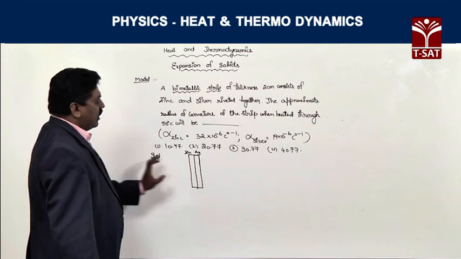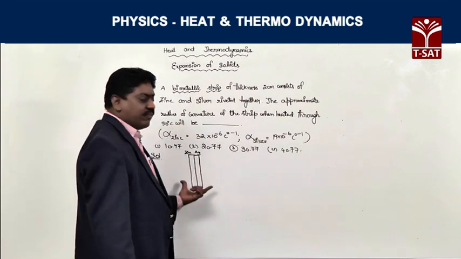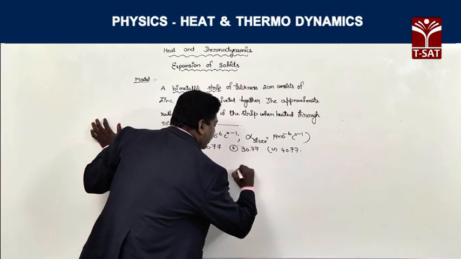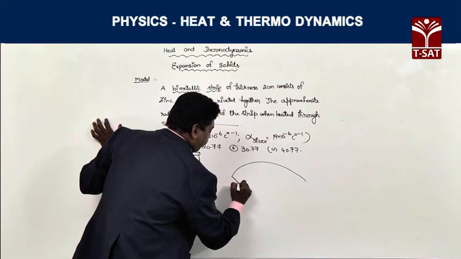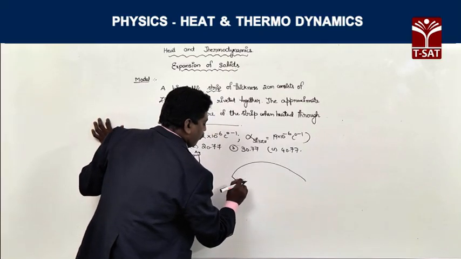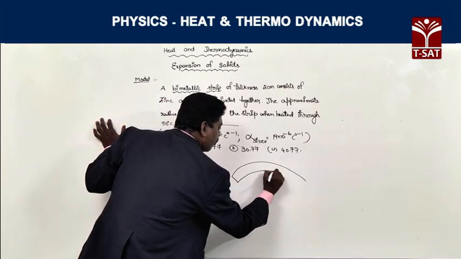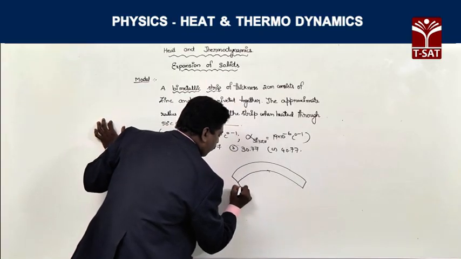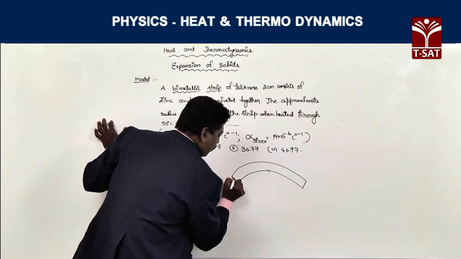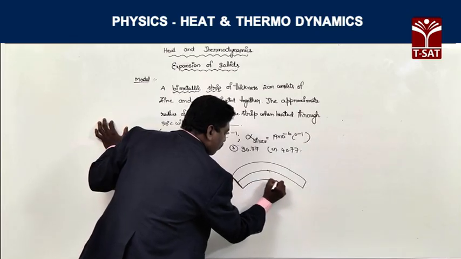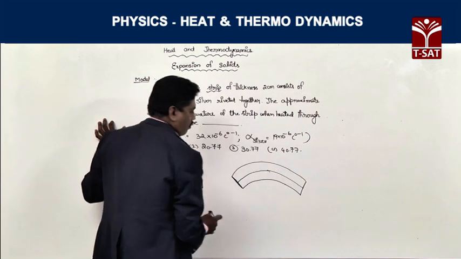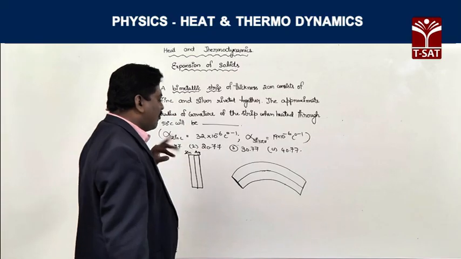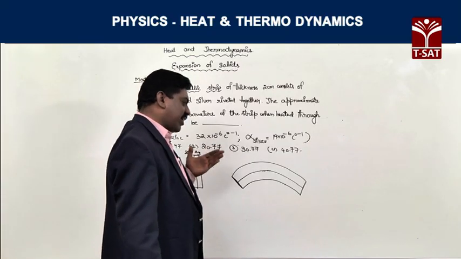When the temperature of the zinc and silver combination is increased, it undergoes a convex type of shape. The one with more alpha is above, the one with less alpha is below.